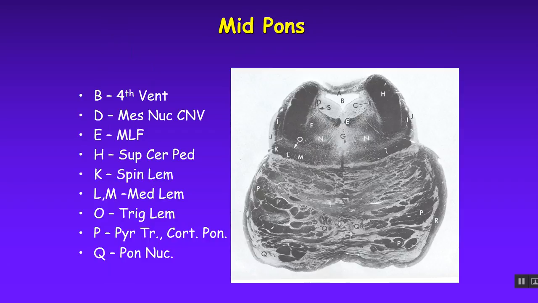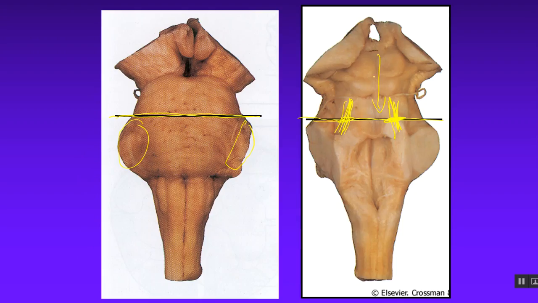Front is always down, and posterior or dorsal is always toward the top. This is the cerebral aqueduct right here, before it dumps down into the fourth ventricle. So we're looking at those areas.